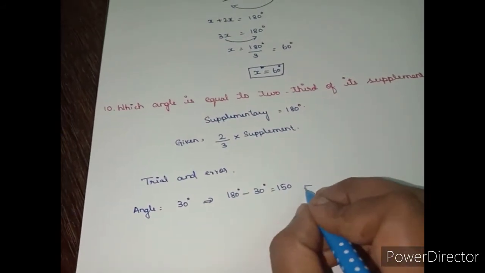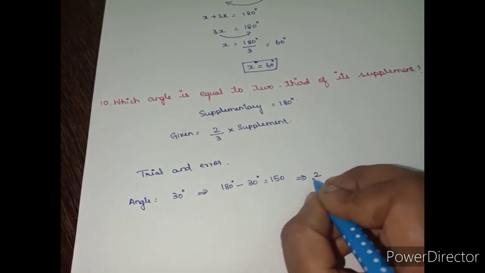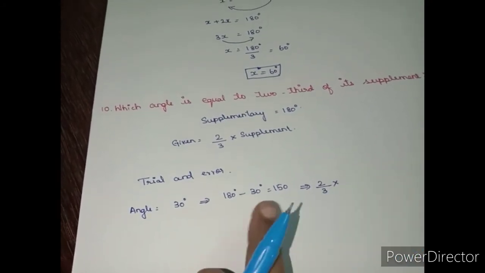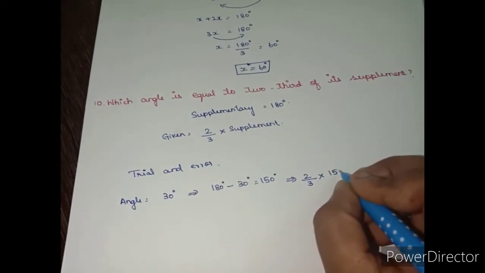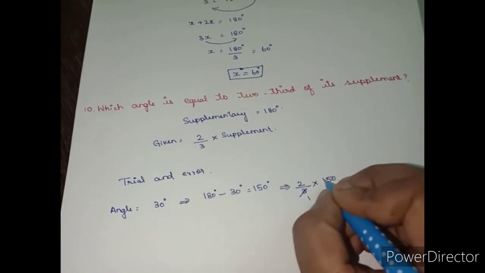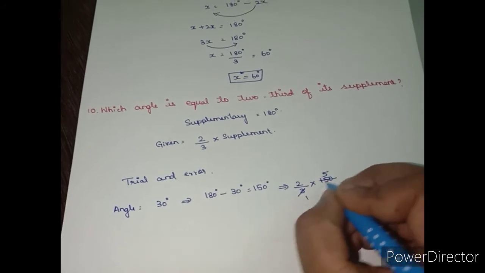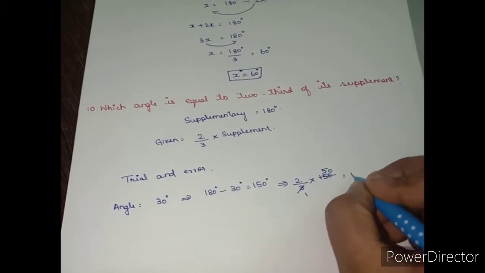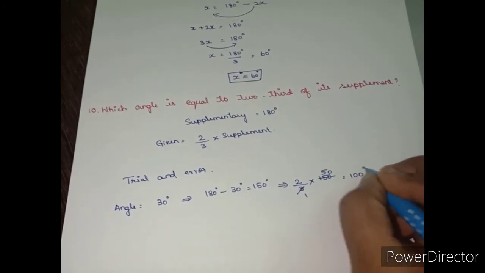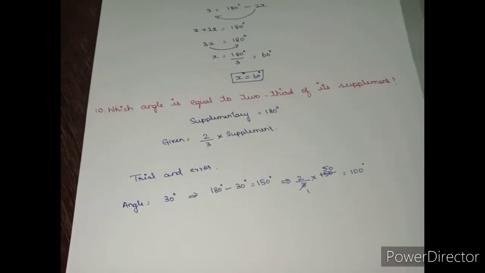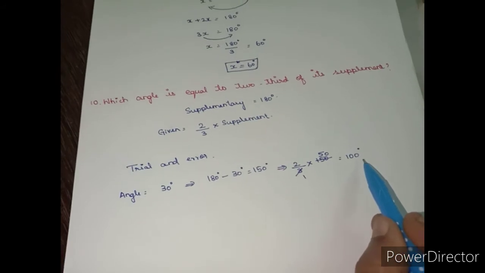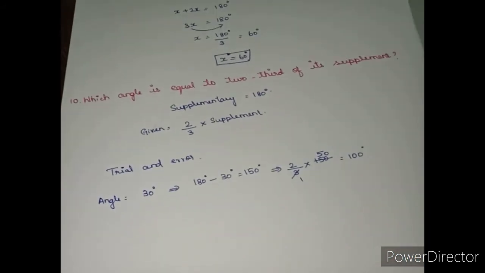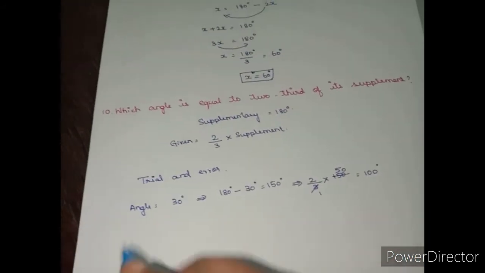Now what is given? 2/3 into the supplement, the supplement is what we found. 3 ones are 3, 5 3s are 15, 100. It is wrong because the angle which we are assuming should be the same here. If it is not coming, it is wrong. We will try the next angle.